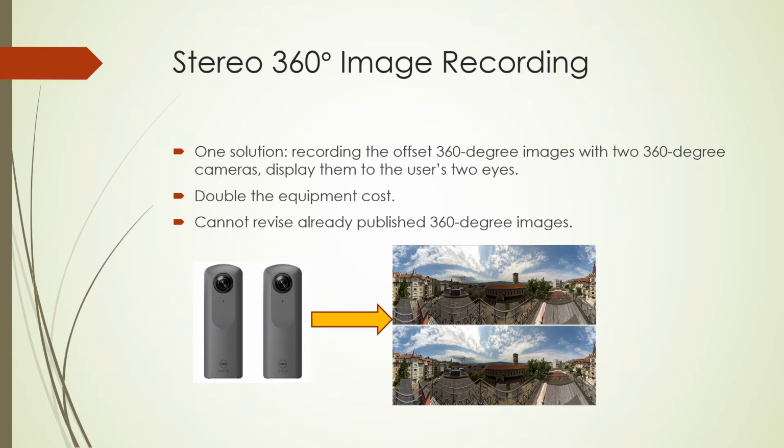So in this way, a pair of offset 360-degree images can be generated, and once this pair of images are displayed to each eye of the user, the depth information is perceived and the real 3D immersive multimedia experience is provided to the user. However, this method will double the equipment cost to record a 360-degree image, because it requires two cameras.